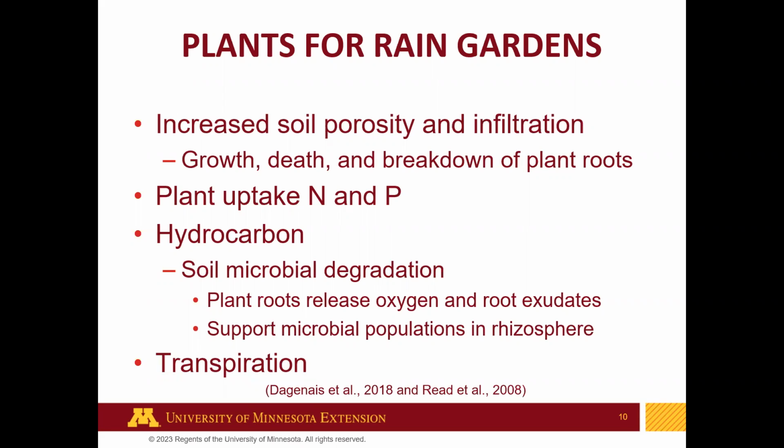So there's a flourishing microorganism population right around root systems of plants. And that is going to help to support that microbiology, and it's the microbes that are doing most of the breakdown of the petroleum hydrocarbons. And again, plants being in rain gardens, they are helping to transpire water, which is going to be useful.